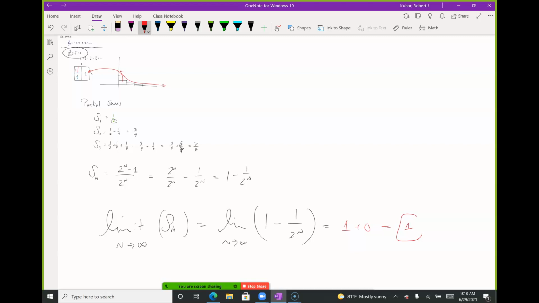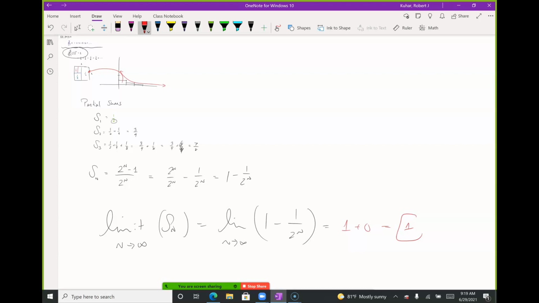If that limit doesn't exist, the series diverges. But remember, I might be able to show that there is a limit, but not find the limit, by using this monotonic and bounded piece. So pretty interesting, these partial sums. So I'm going to put one homework with partial sums in there.